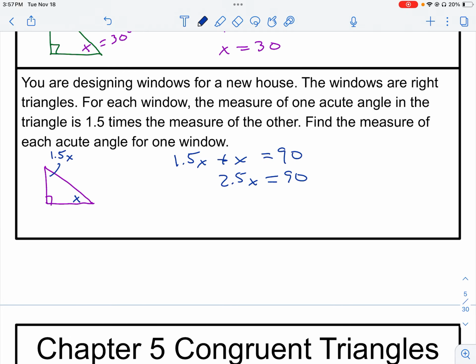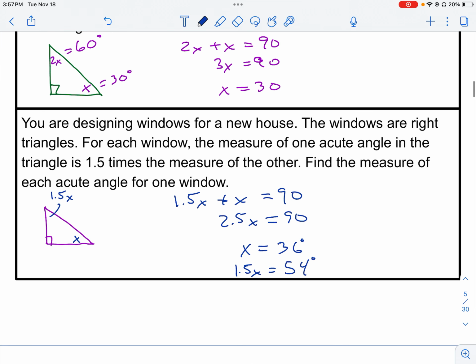Combine like terms. Divide both sides by 2.5. So x is going to equal 36. And then 1.5x is 1.5 times 36, or 54 degrees. We are done.